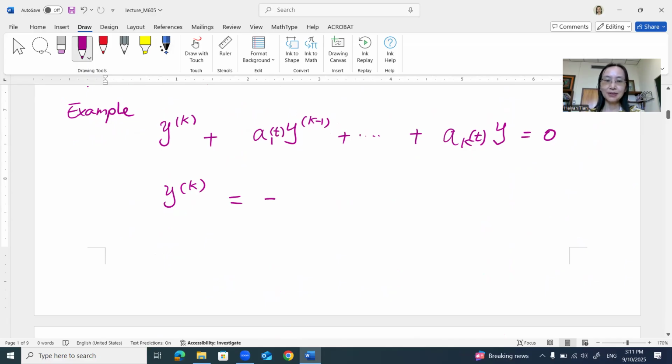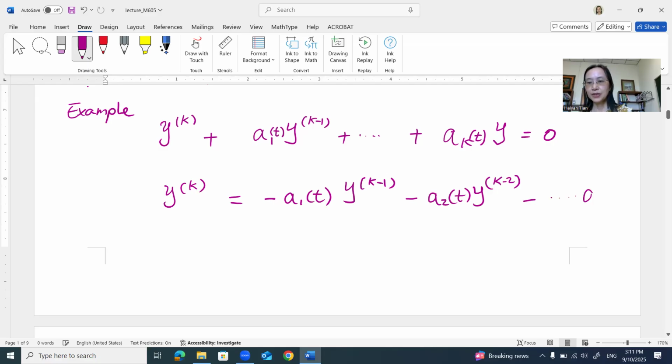So let's isolate the highest order derivative, which is the kth order derivative, and keep the rest, moving each one of the terms to the right-hand side. The next term will be k minus 2, and then every term until the last term, which is ak of t times y, the function.